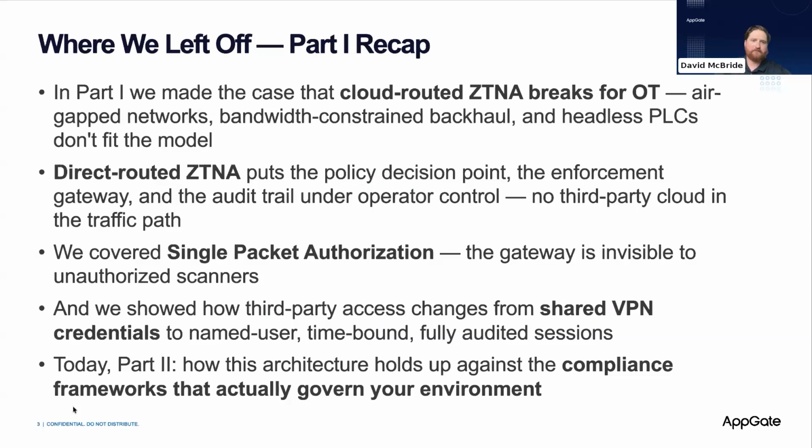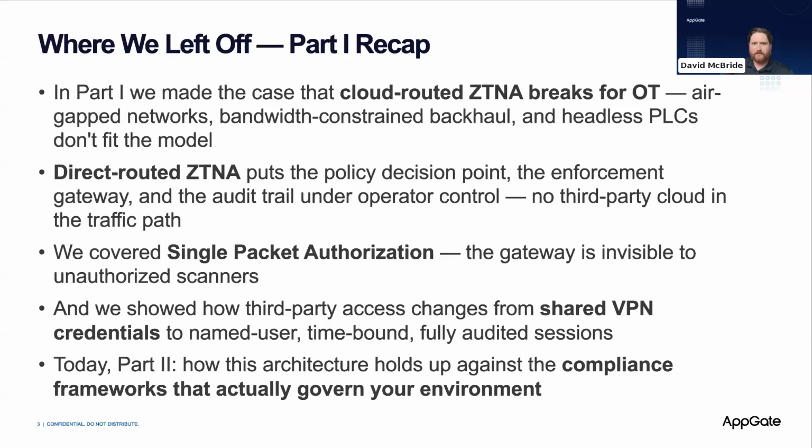For anyone who missed part 1, I'll give you a 30-second recap of what was discussed. We made the case that cloud routed ZTNA, the kind where traffic hairpins out to a vendor cloud before it gets to your assets, fundamentally breaks for OT. Simply put, air-gapped networks, bandwidth constrained backhauls, and headless PLCs don't fit that model. Direct routed ZTNA is the answer.